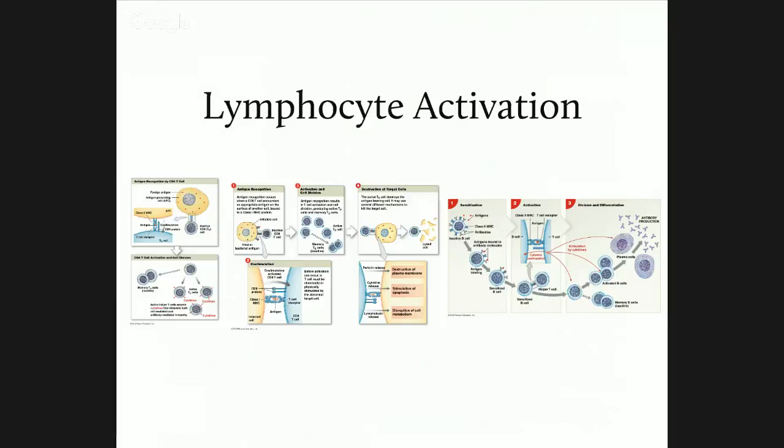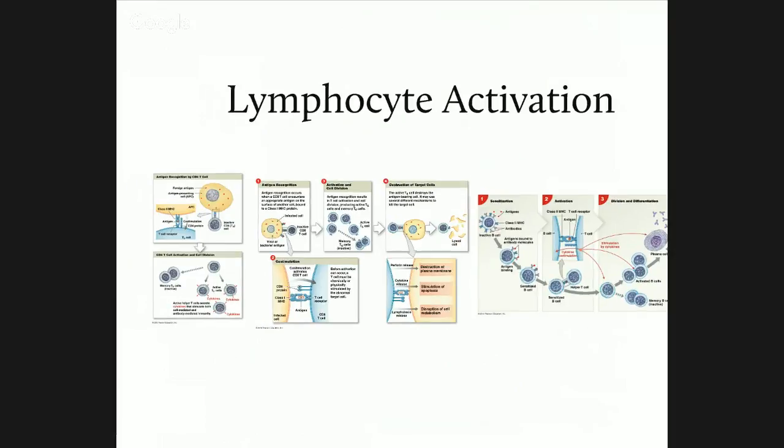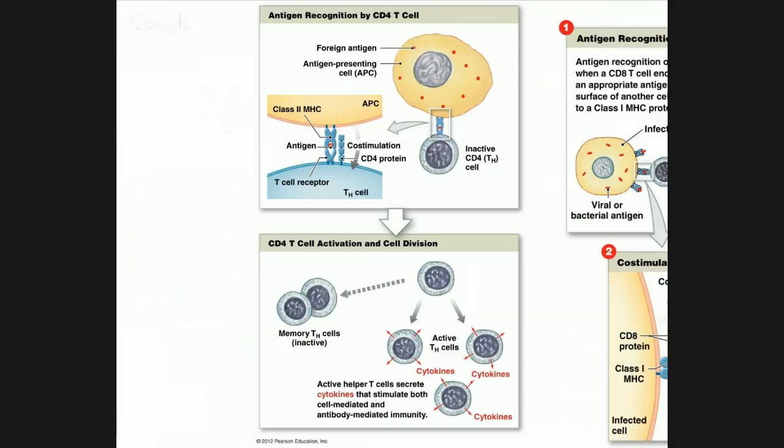So these panels all show the process of activating the different lymphocytes. We're going to start with the CD4 cells, which become mainly helper T cells. Now, the antigen presenting cell that's shown here is a phagocyte.